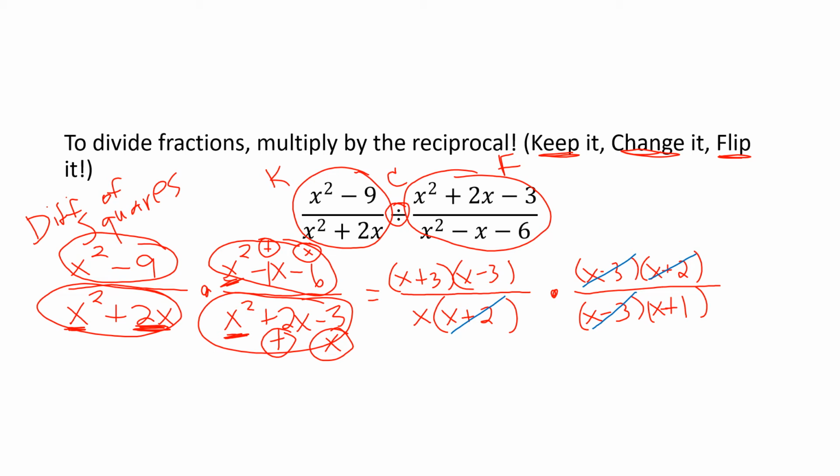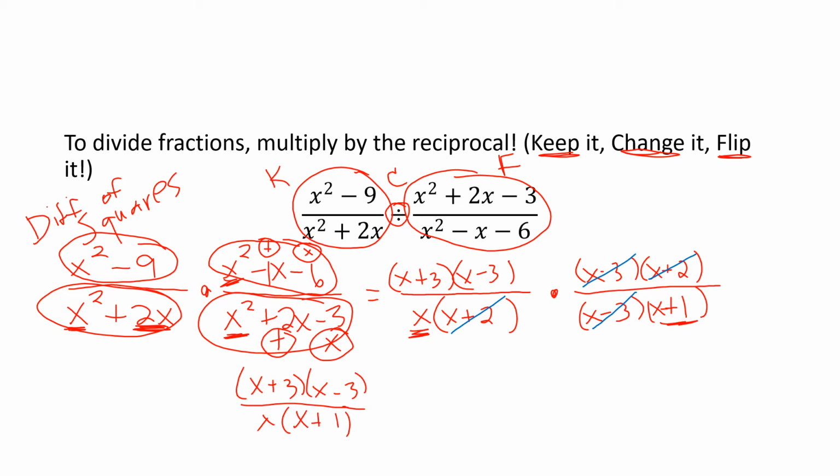And that looks like it. So here's what we have left on the top. On top we have x plus 3 times x minus 3. And on the bottom, we have this x left times x plus 1.